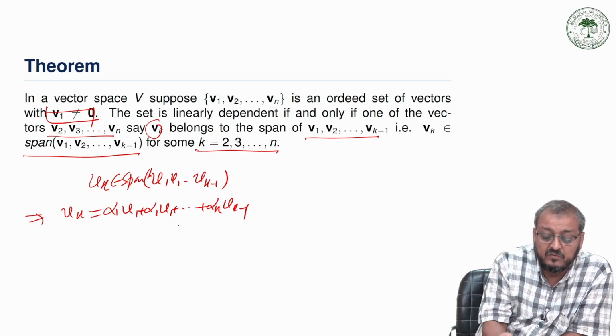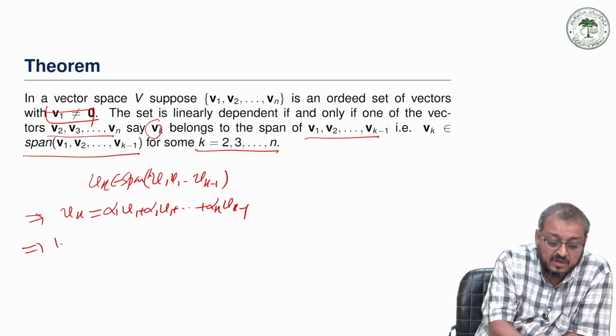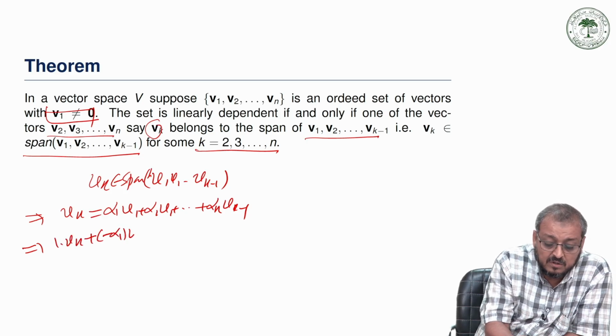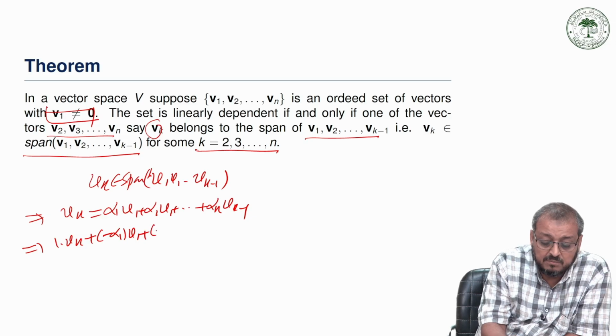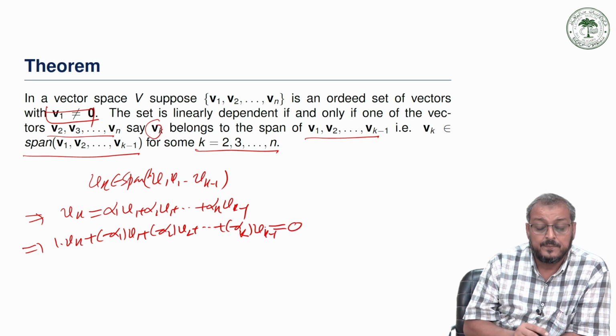This can be written as 1 into vk plus minus alpha 1 v1 plus minus alpha 2 v2, and so on, plus minus alpha k minus 1 vk minus 1, equal to the zero vector.